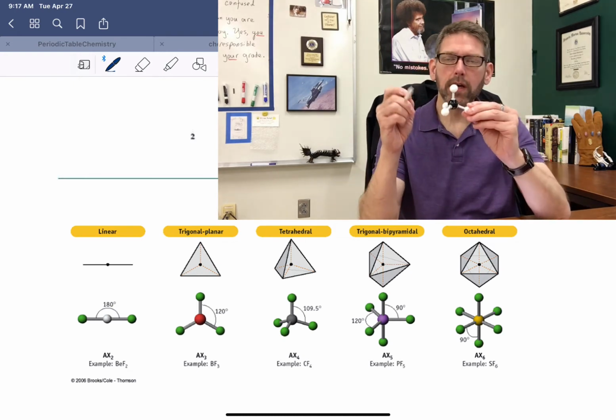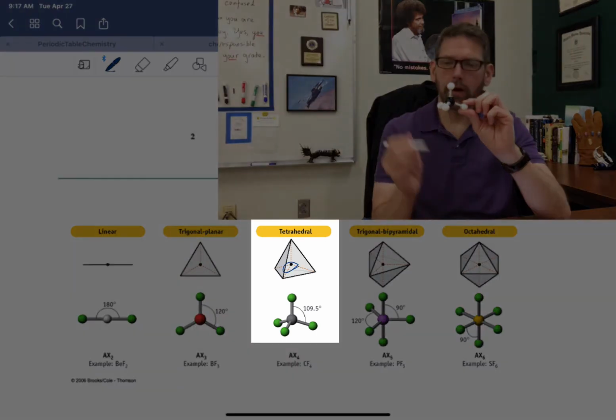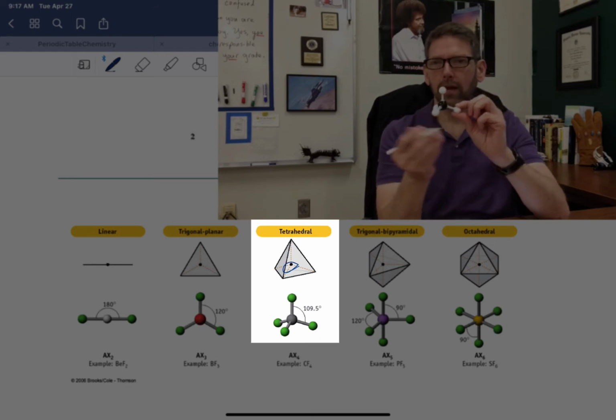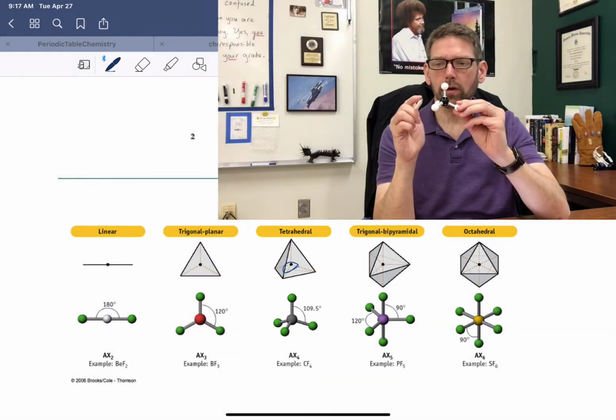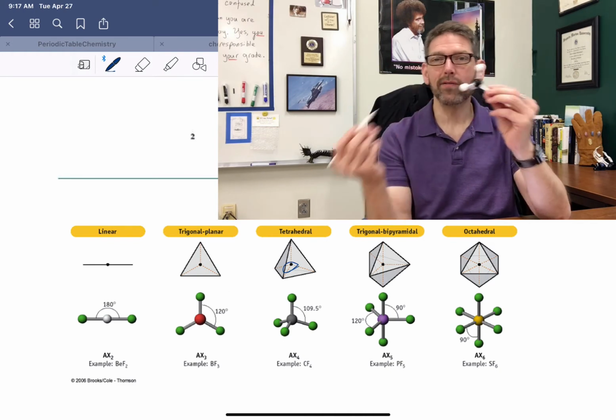And you have to envision, but there's the center dot right there. And then you can see that no matter where you go, you get that sort of base triangle look. And so you can see here that it's already been calculated that the angles here are 109.5 on average.